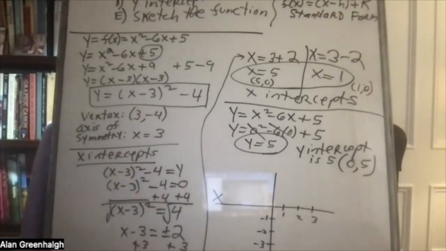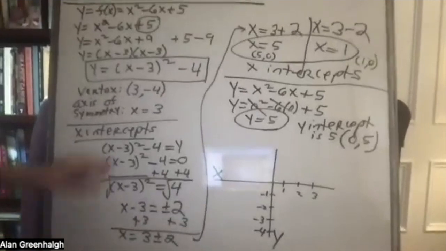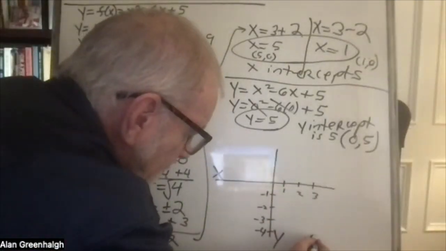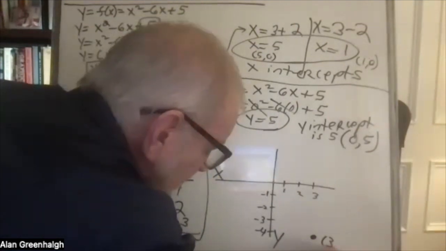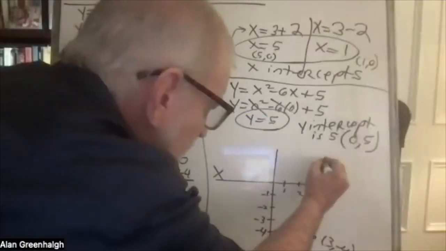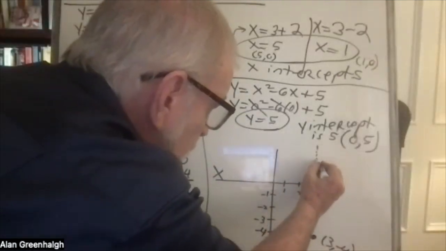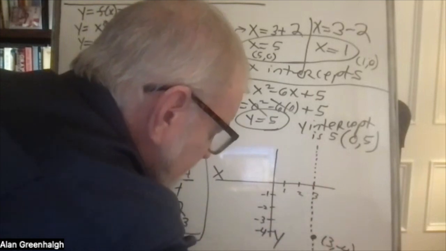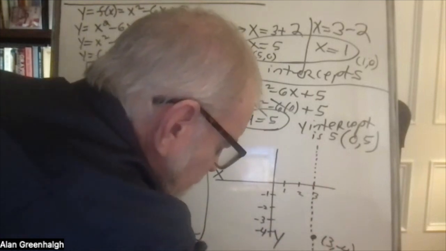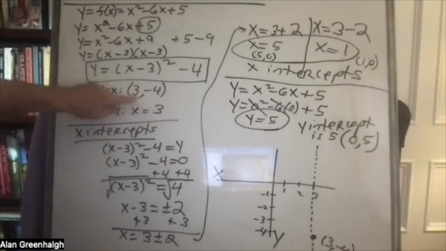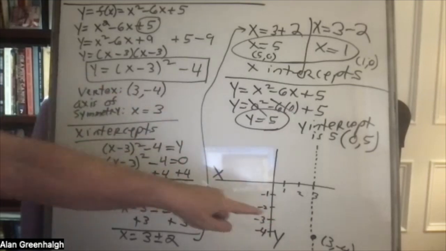So let's do that. And the vertex is 3, negative 4. The axis of symmetry will go right through the point x equals 3, right through the vertex. Here's the axis of symmetry right over here. X equals 3. The vertex over there.